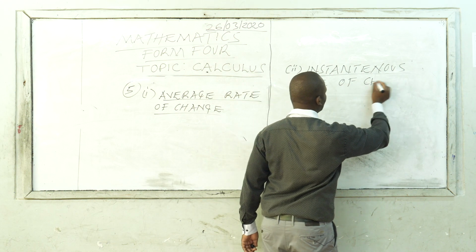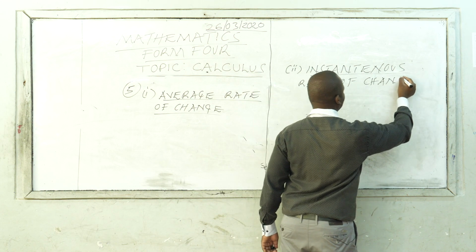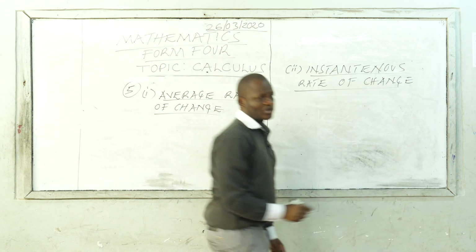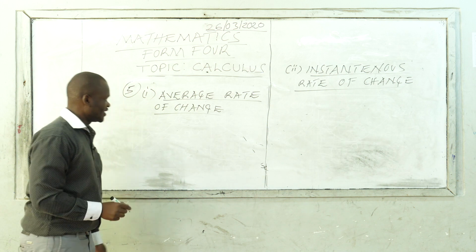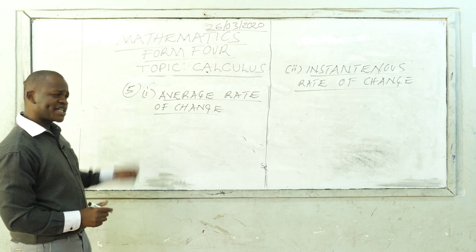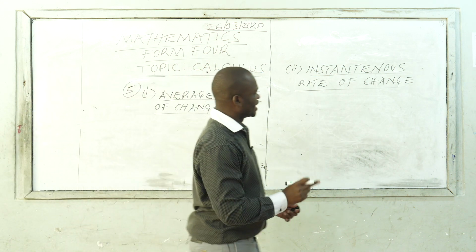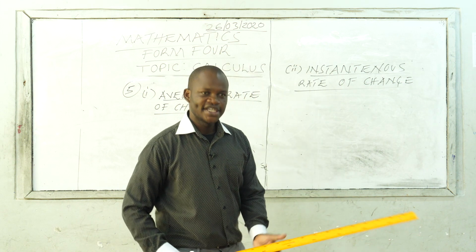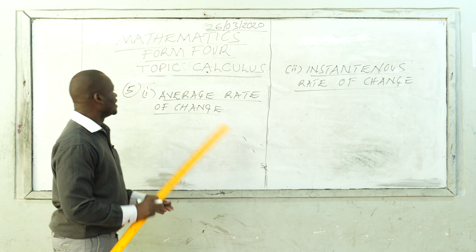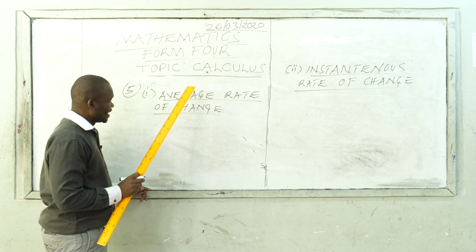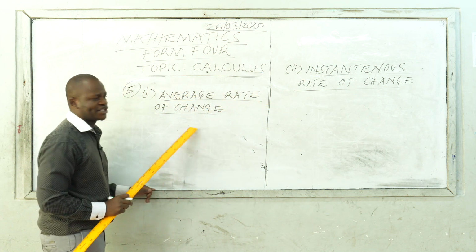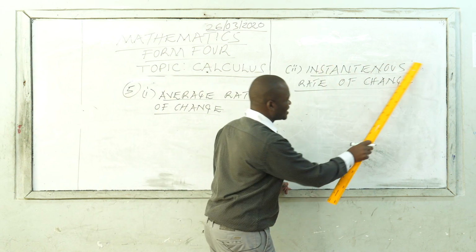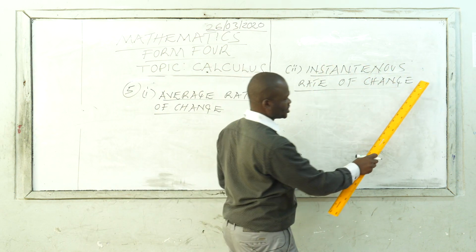Of course, just doing a quick recap of Form 2, Form 3 work. Now, this is Form 3. Then we shall go to our topic, calculus. So gradient of a curve or rate of change of a curve must be specific in any question. You either ask about average rate of change or about instantaneous rate of change.